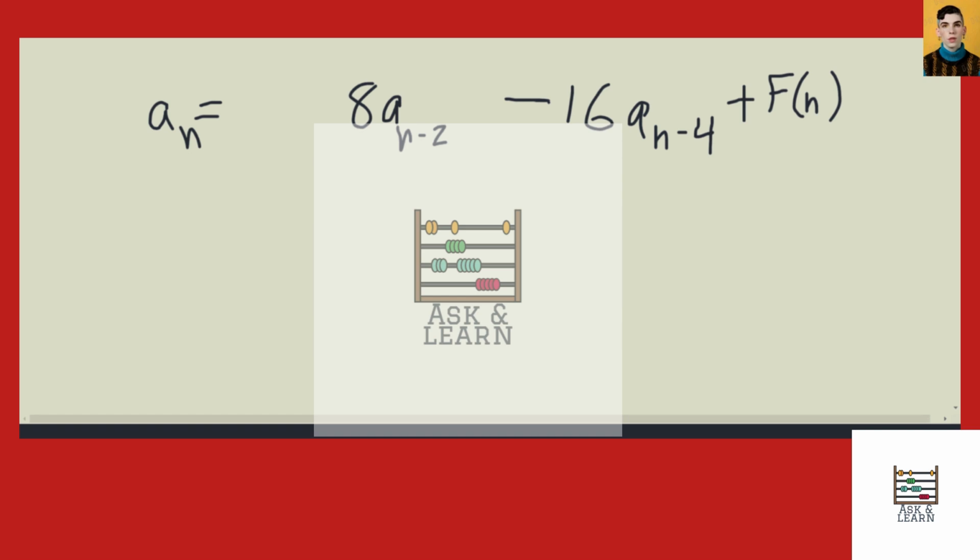We are given a linear non-homogeneous recurrence relation, and we are asked to find the general form of the particular solution of this non-homogeneous recurrence relation.